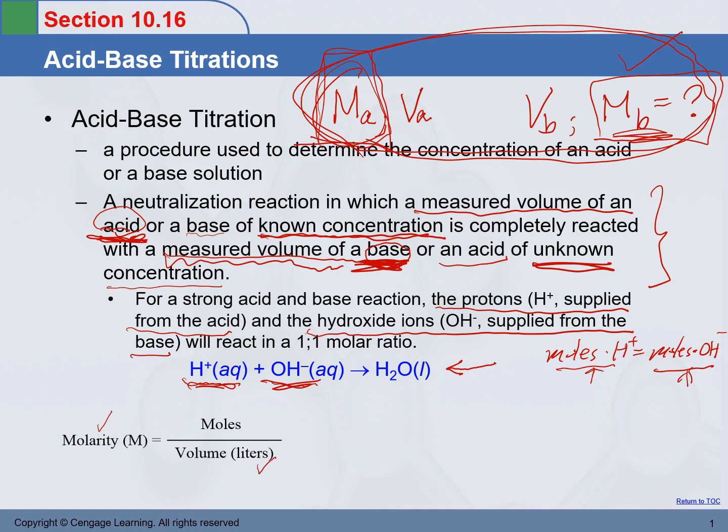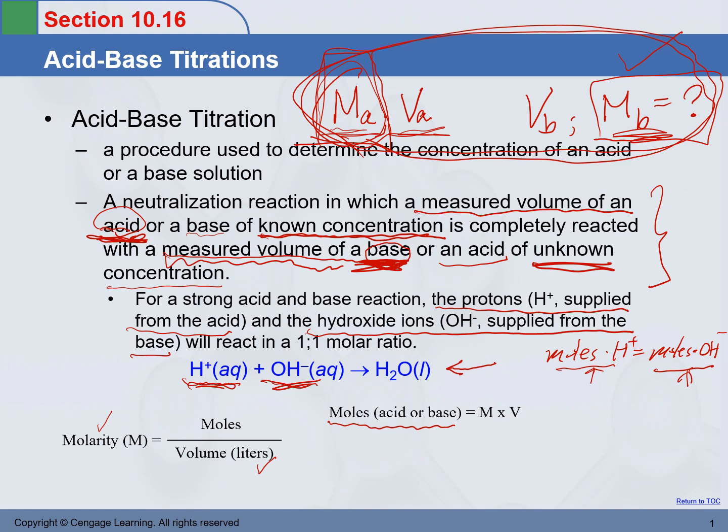We will know the moles of acid or base. For example, right now, if we know the molarity of acid and volume of the acid, then the moles of the acid is molarity times volume, which is also true for base. Moles of base will be molarity of the base times the volume of the base. So far, so good.